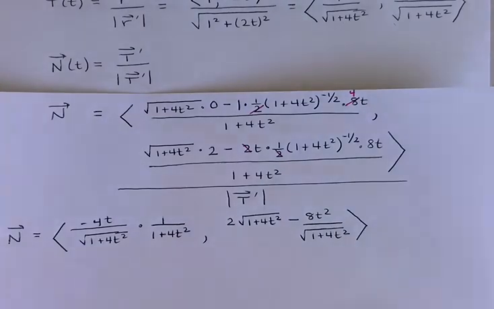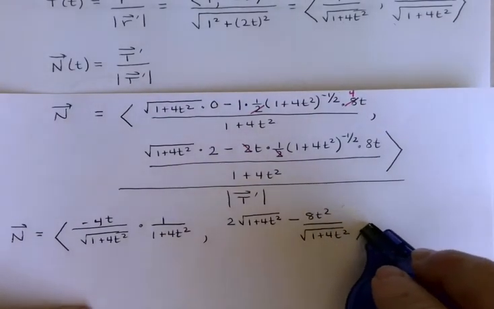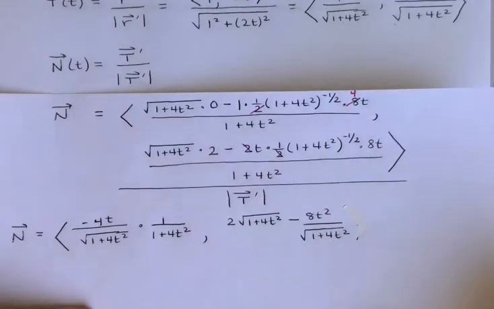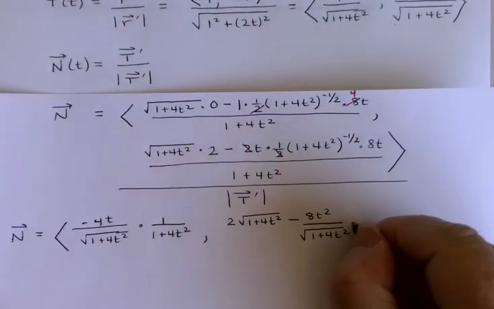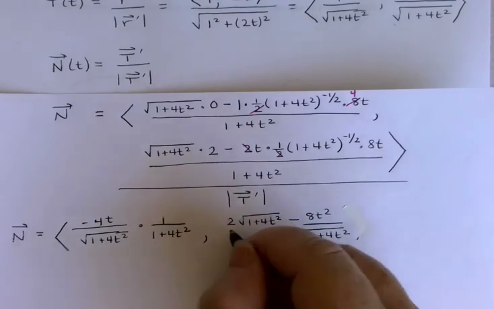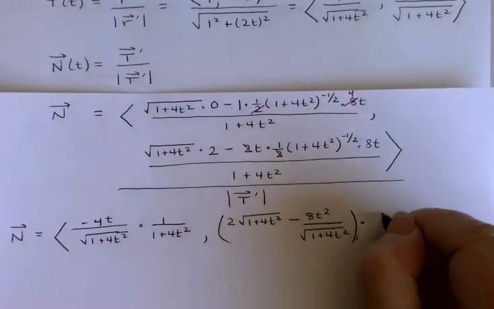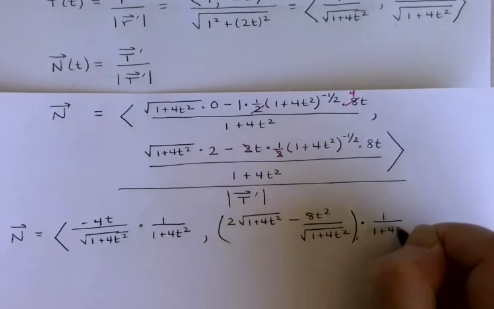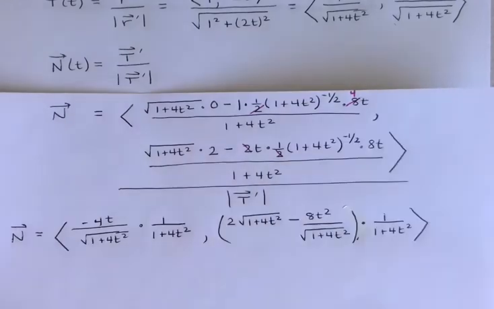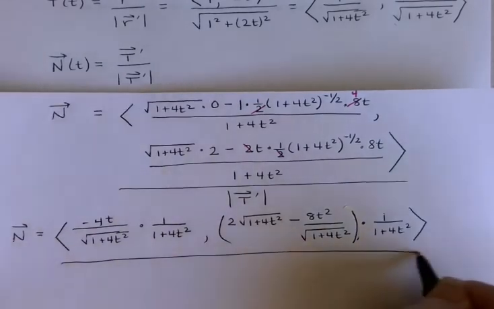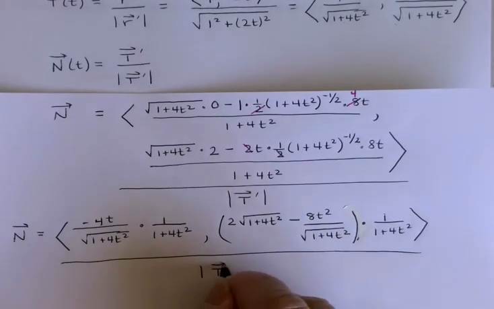Oh, oops. I almost forgot that denominator. Let's go back and pick that up. All of that would be times, and I'll write that again as times 1 over 1 plus 4t squared. All right, all of this still goes over the magnitude of t prime.